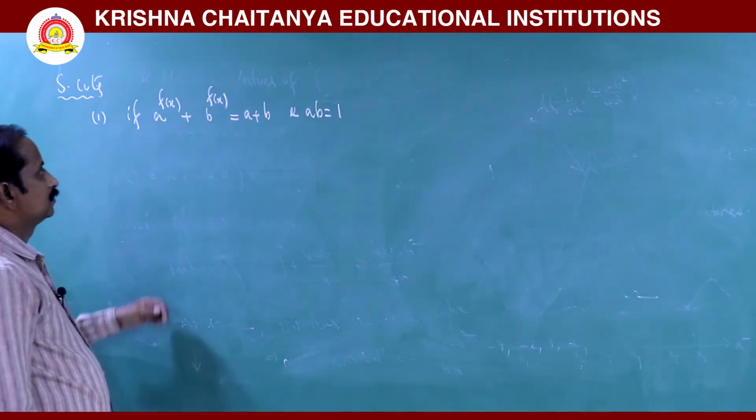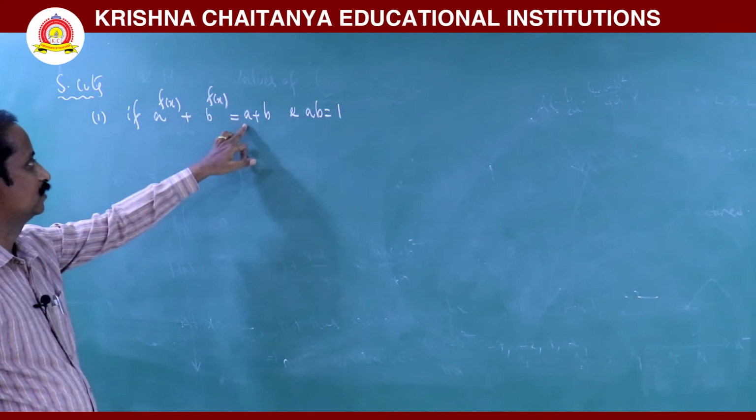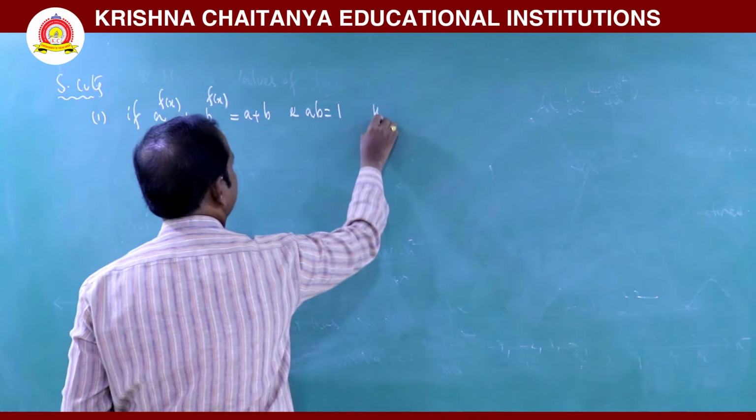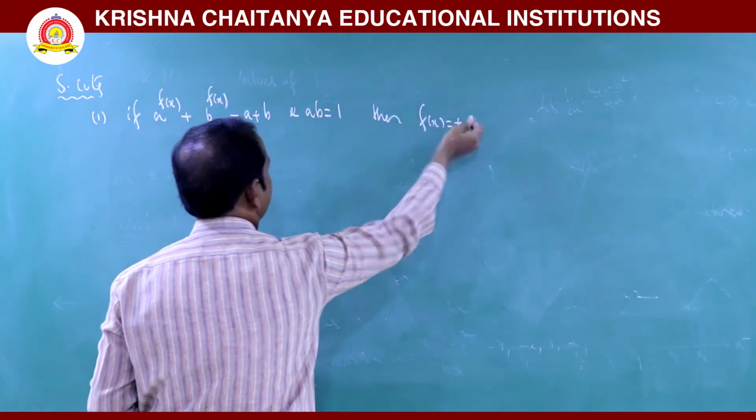Any problem, it satisfies a power f of x plus b power f of x is equal to a plus b and ab is equal to 1, then f of x nothing but plus or minus 1.